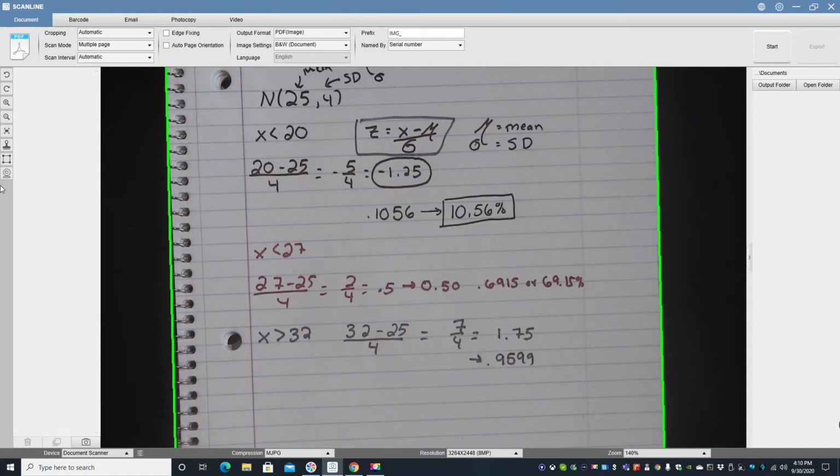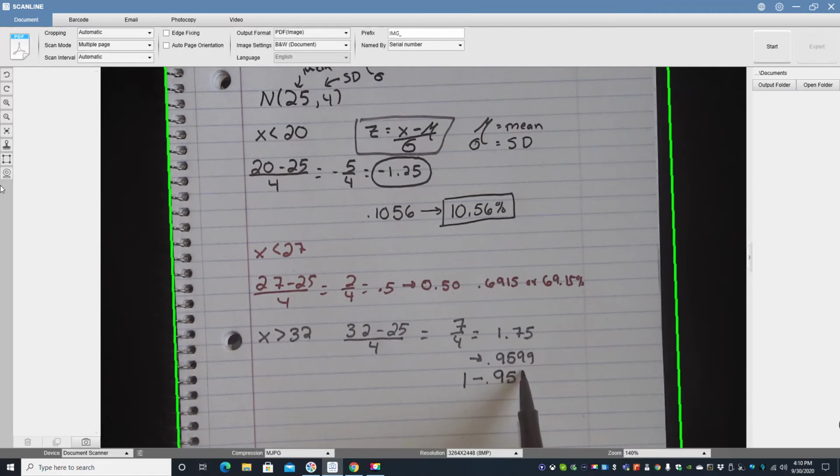Okay, so we're going to do something special here. Because I want greater than, and this chart always gives me less than, what I need to do is change this so that it's a greater than percentage. So I'm going to subtract it from 1.